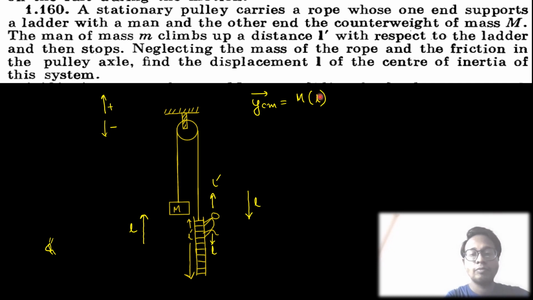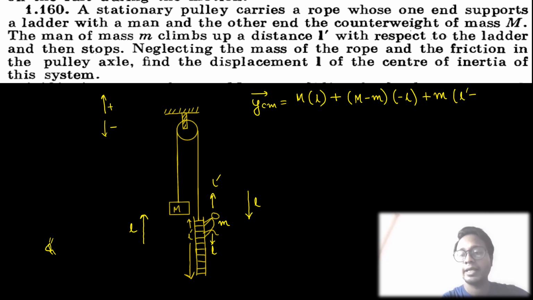So the mass of block moves in the positive L direction from the frame of reference of ground, plus the mass of ladder. What is the mass of ladder? If the mass of ladder plus human is capital M and given in the question the mass of human is only small m, what is the mass of ladder? The mass of ladder is nothing but the mass of the entire system minus the mass of human. This is the mass of the ladder into the displacement of the ladder, minus L, plus the mass of human into the displacement of human, L dash minus L.